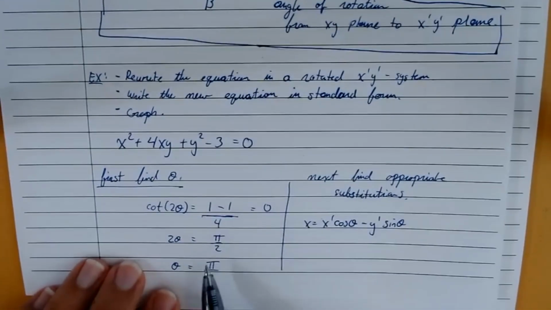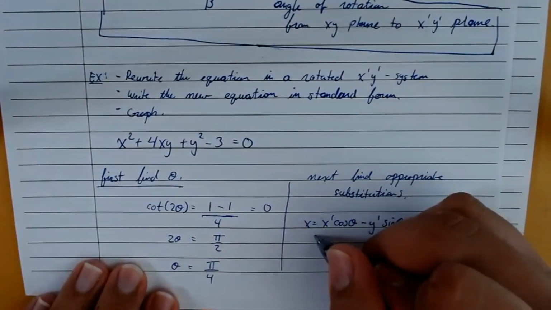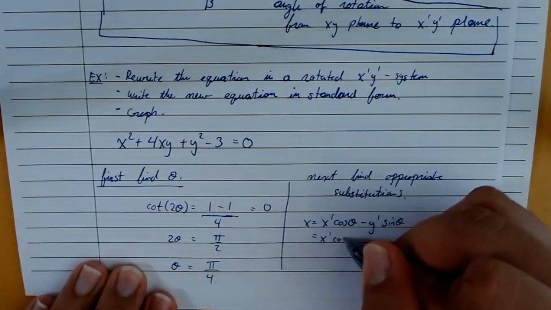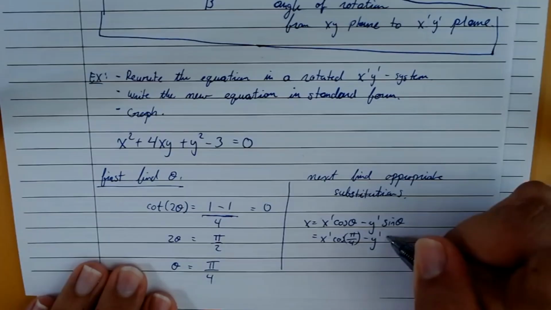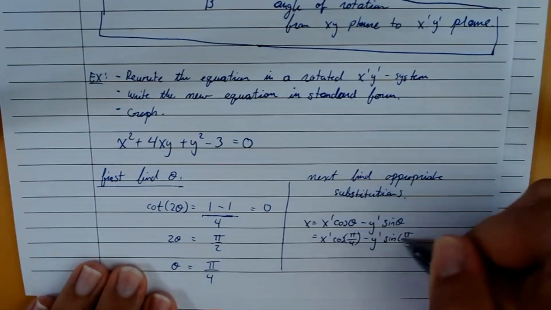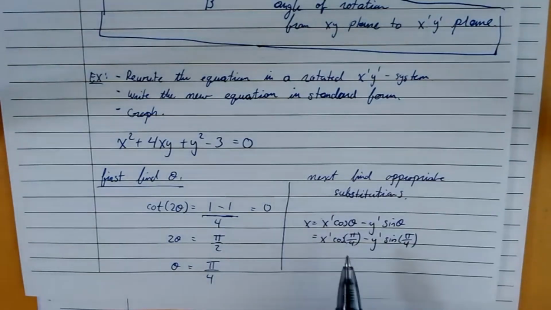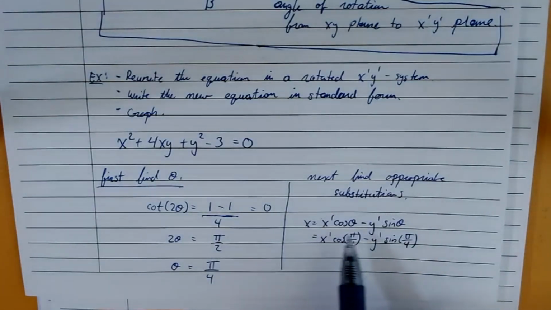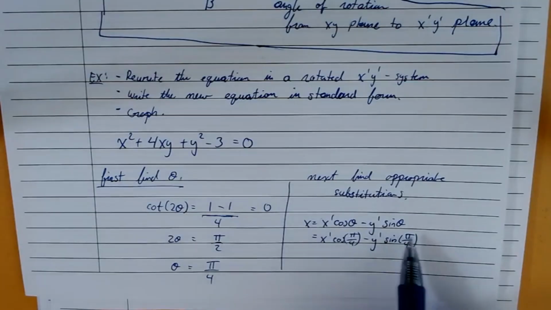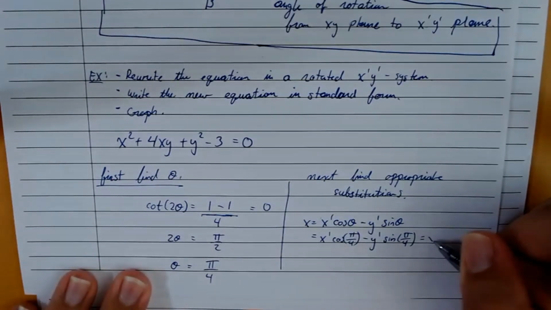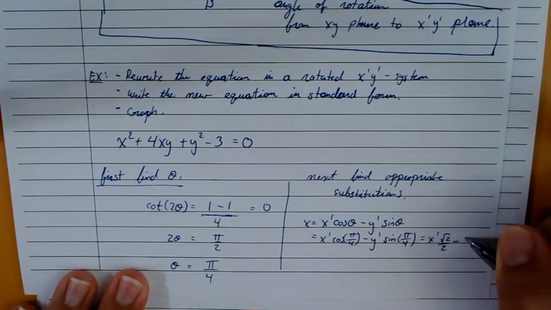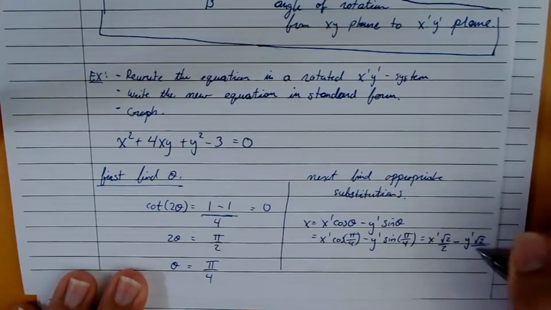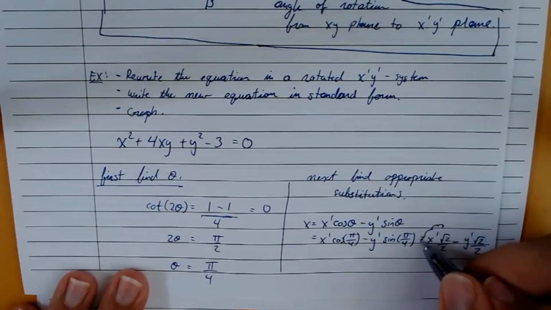But we know what theta is. It's pi over 4. So that's x prime times the cosine of pi over 4 minus y prime times the sine of pi over 4. The cosine of pi over 4 is root 2 over 2, and in fact, so is sine of pi over 4. So that gives us x prime times root 2 over 2 minus y prime times root 2 over 2. This will be our substitution.